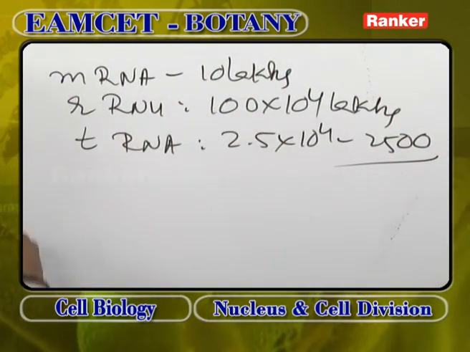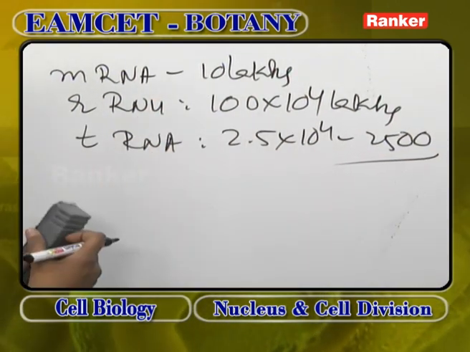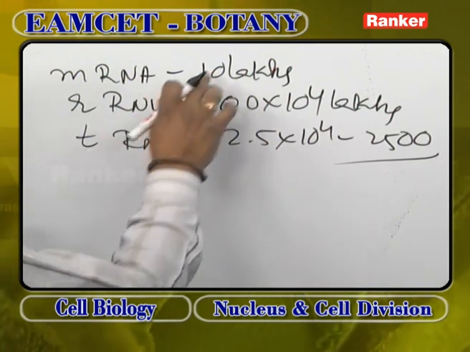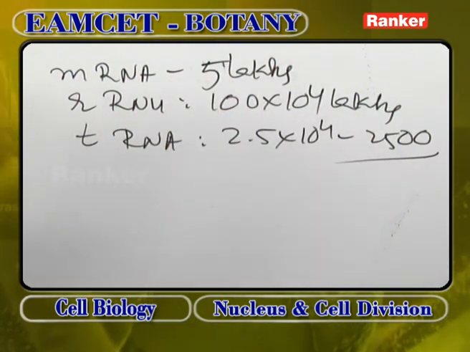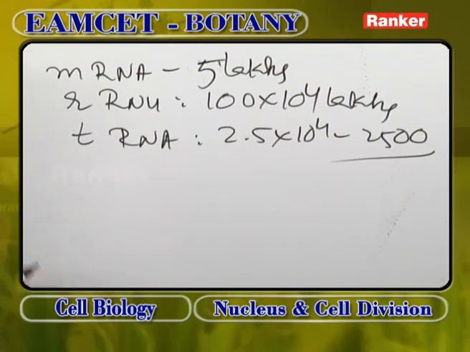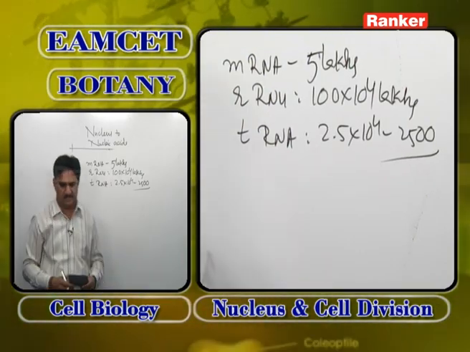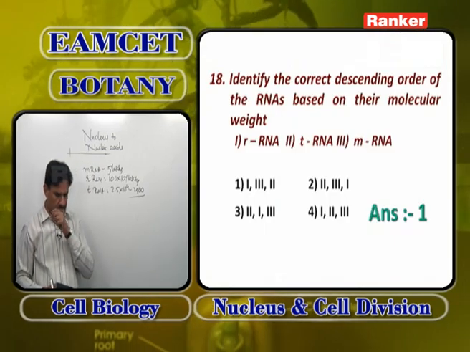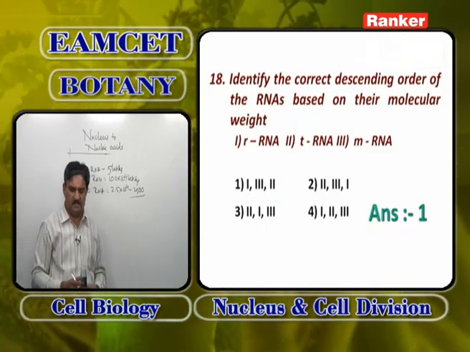So the answer is 1: first ribosomal RNA, then messenger RNA, then tRNA.